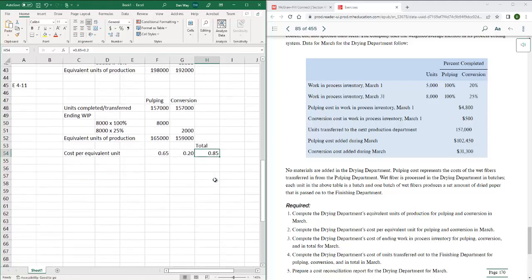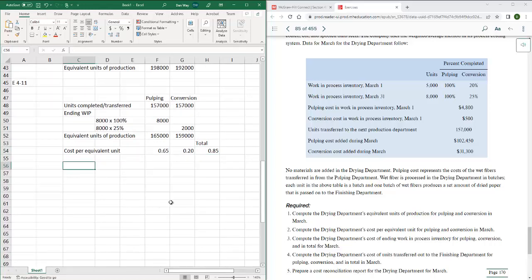Okay, now part 3 said, compute the drying department's cost of ending work in process inventory for pulping, conversion, and in total. So this is cost of ending work in process. Now we've done all the heavy lifting here, so this becomes a little bit mechanical.